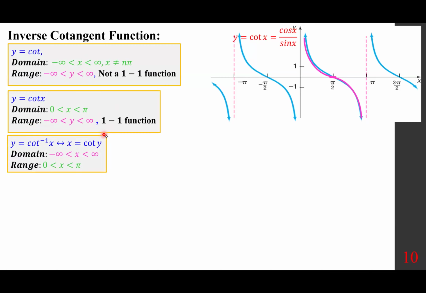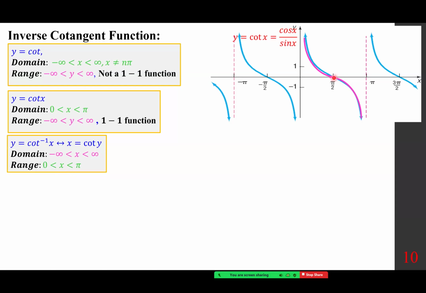And therefore it has an inverse. So y equals cotangent inverse means x equals cotangent y, range becomes the domain from negative to positive infinity, domain becomes the range. And as I mentioned, the restriction as mentioned. And so it's very straightforward.